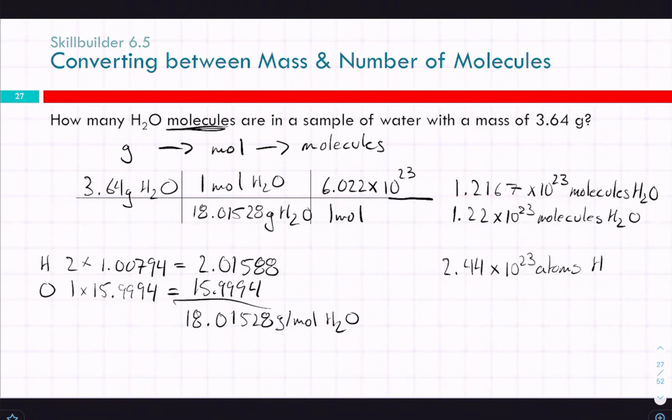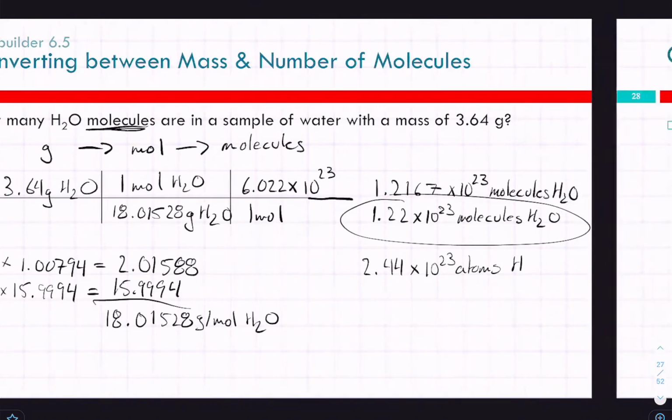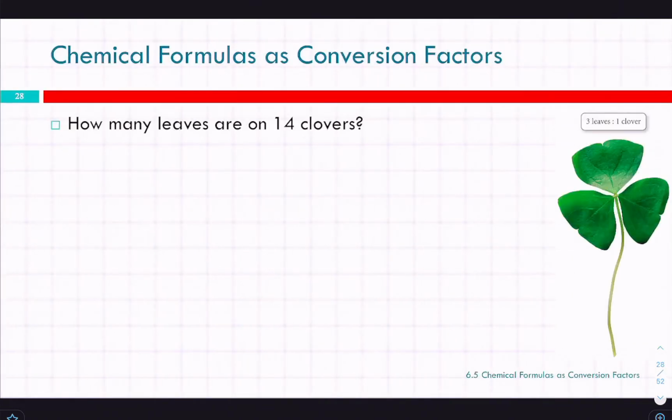That question is similar to asking this next question. That was just an extra, leading you into the next part. It's the same question as asking, how many leaves are on 14 clovers, assuming they're all just regular 3-leaf clovers?